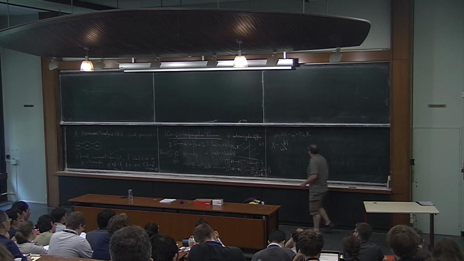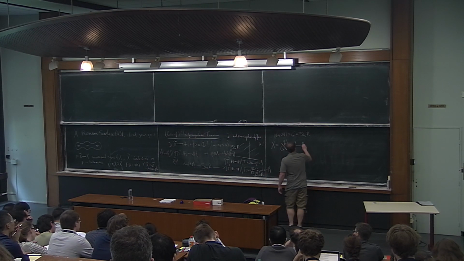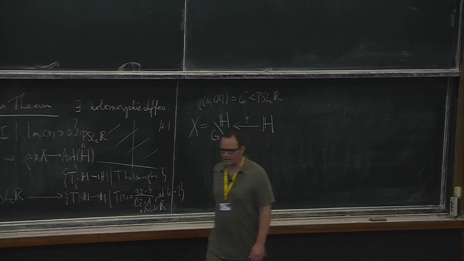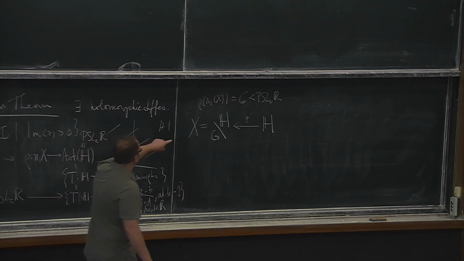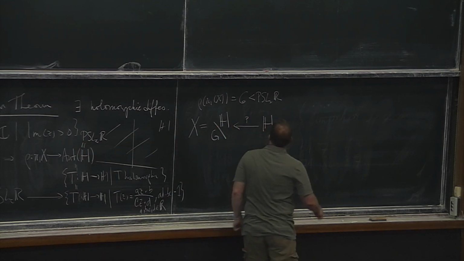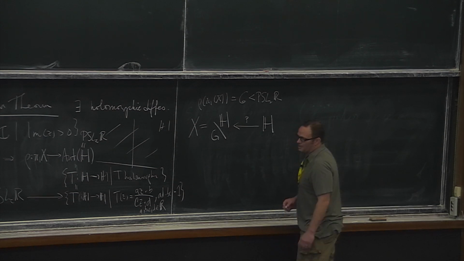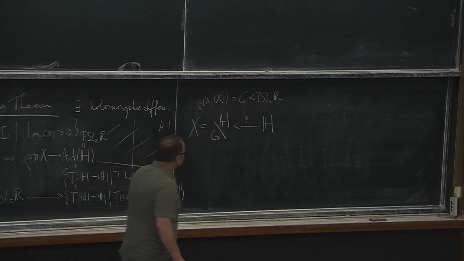All right, let's write the covering map as P. Now let's look a little closer at this group. This group preserves a metric on the upper half plane, which is the hyperbolic metric.